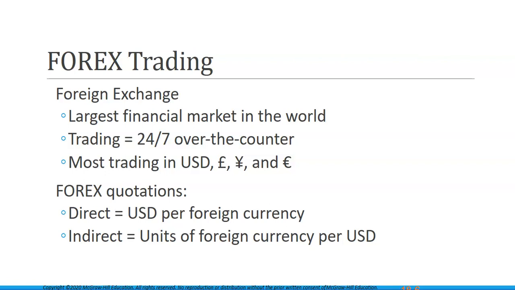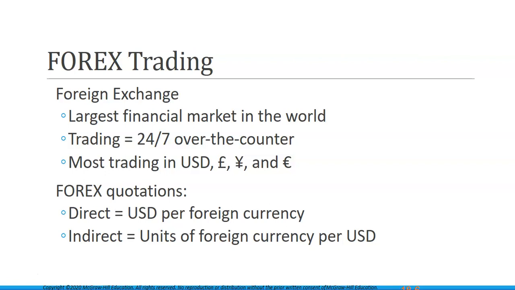Forex trading is the largest financial market in the world. It's a foreign exchange market. They do 24/7 trading. Most of their trading is in US dollars, pounds, yen, and the euro. The Forex quotations are direct or indirect.